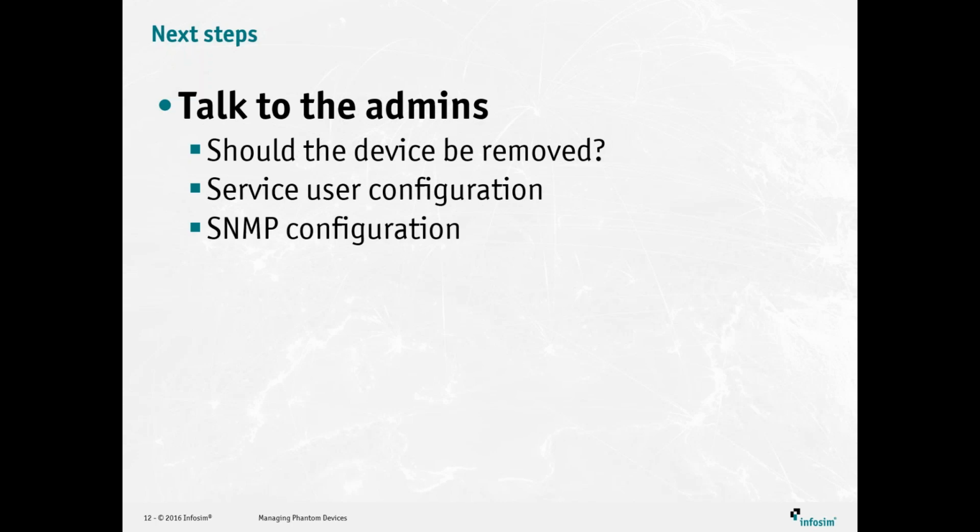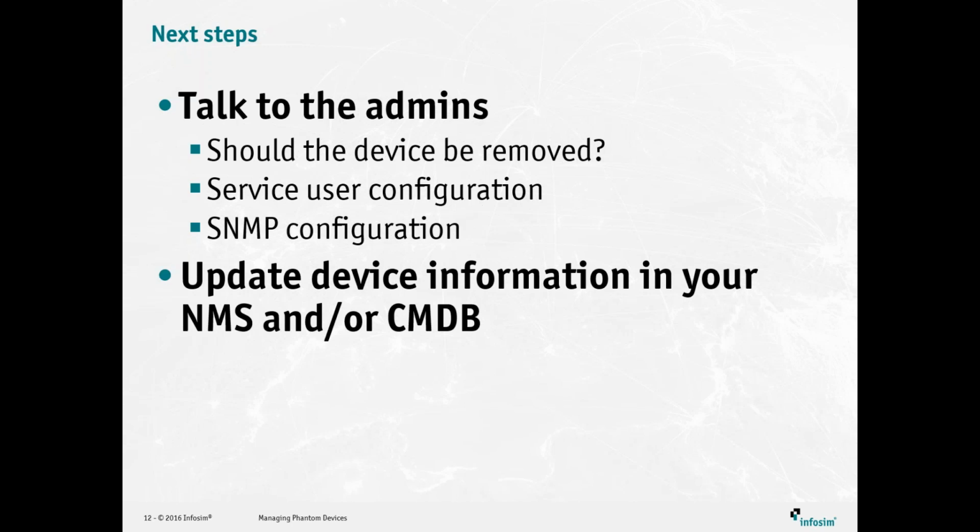You can configure, or you should configure SNMP to get more data, and you should also update the device information in your network management system and your CMDB if you have one.